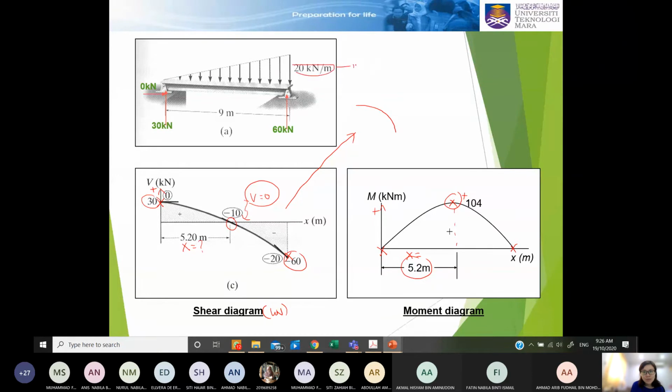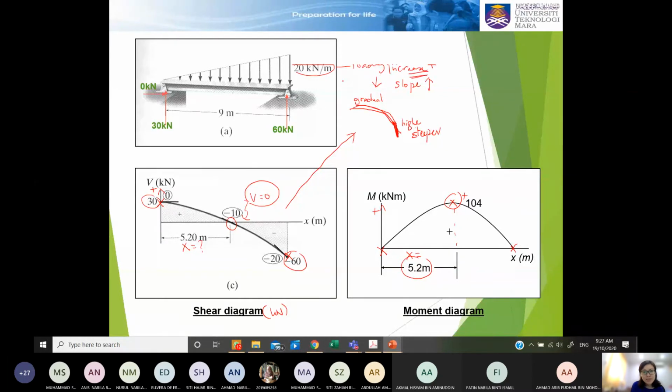When this load is increasing, meaning that the slope increases. If you draw this one, you can see this is a gradual slope, and this is a higher, steeper slope. You have to plot it this way because your loading is increased.